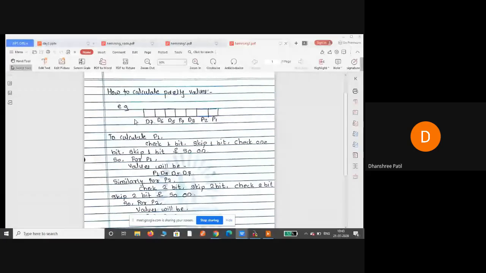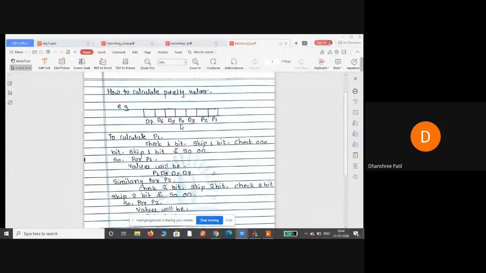ओके, now suppose मला P4 ची value काढायची. How can I calculate the P4? Yes, anybody? सपोज जर मला P4 ची value काढायची असेल तर मी कुठले बिट consider करणार?